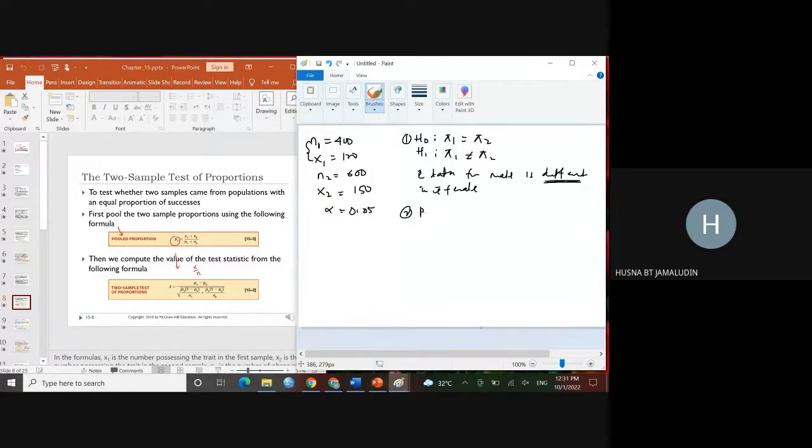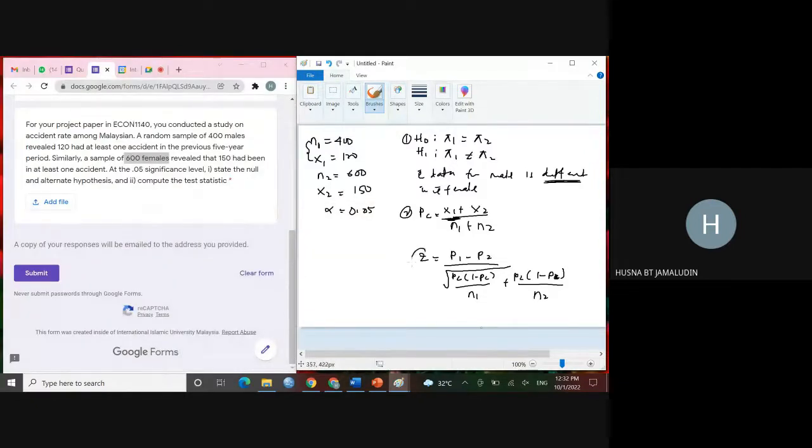You have to compute PC, which is x1 plus x2 over n1 plus n2, and then you have the z: P1 minus P2 over the square root of PC times 1 minus PC over n1 plus PC times 1 minus PC over n2. Now you have the formula here, that's good.